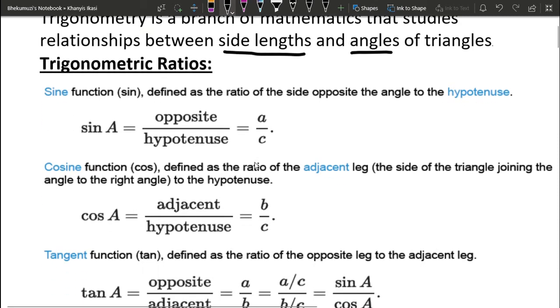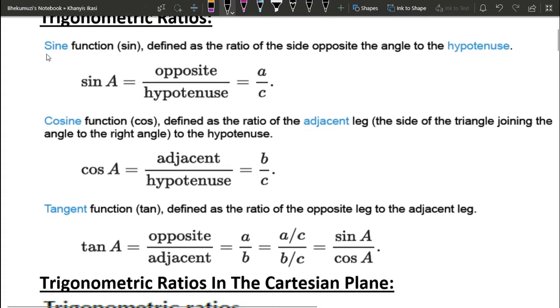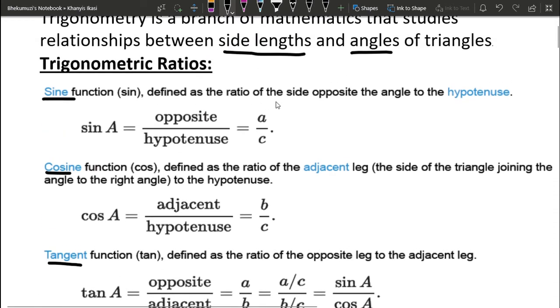The first thing you need to know are the trigonometric ratios, and there are three of them: the sine, the cosine, and the tangent. When we talk about the sine function, it's defined as the ratio of the side opposite the angle to the hypotenuse.